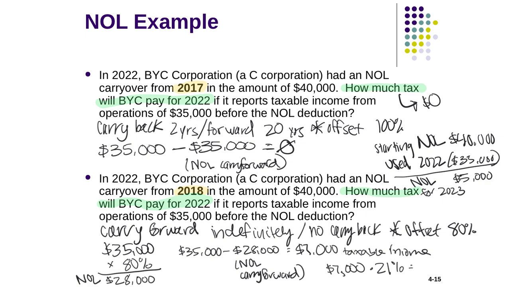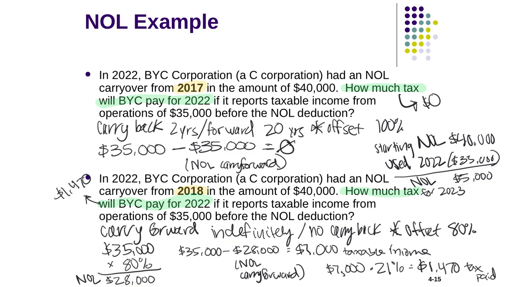And then that gives us the amount of tax paid of $1,470. So how much tax will they pay? $1,470.